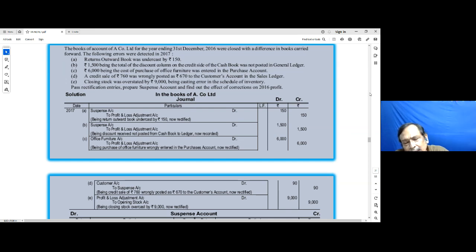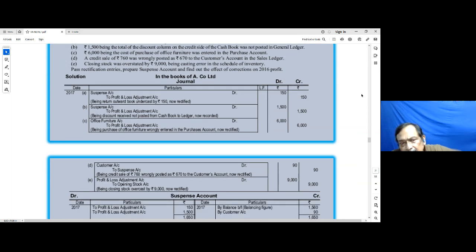It will come in the credit side of your trading account and also in the balance sheet. So overstated means closing stock overstated means you have overstated your profit. Hence, you have to decrease the profit, but accounts are already been prepared.